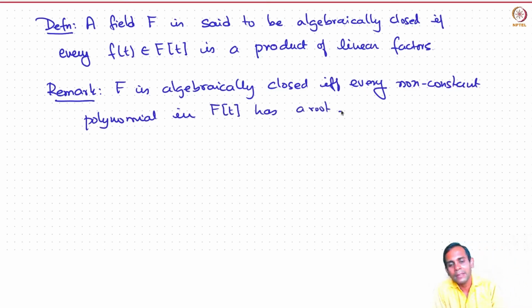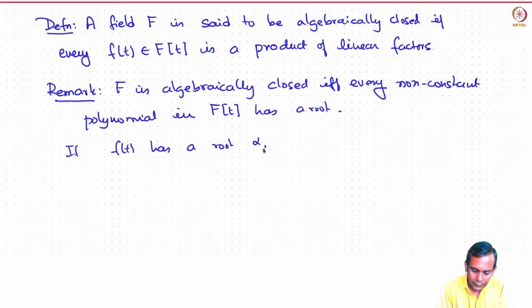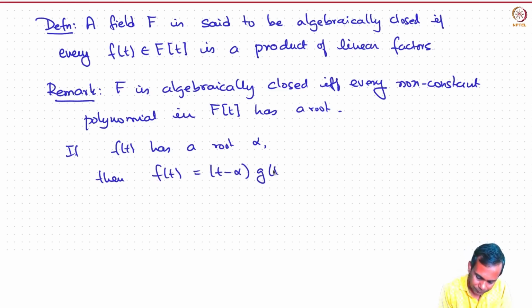Why is that? Well, if a polynomial factors into linear factors, then each of those linear factors gives you a root. Conversely, suppose a polynomial has a root. So if f(t) has a root alpha, then the factor theorem tells you that f(t) is (t minus alpha) times g(t) for some polynomial g(t) whose degree is 1 less than the degree of f(t).